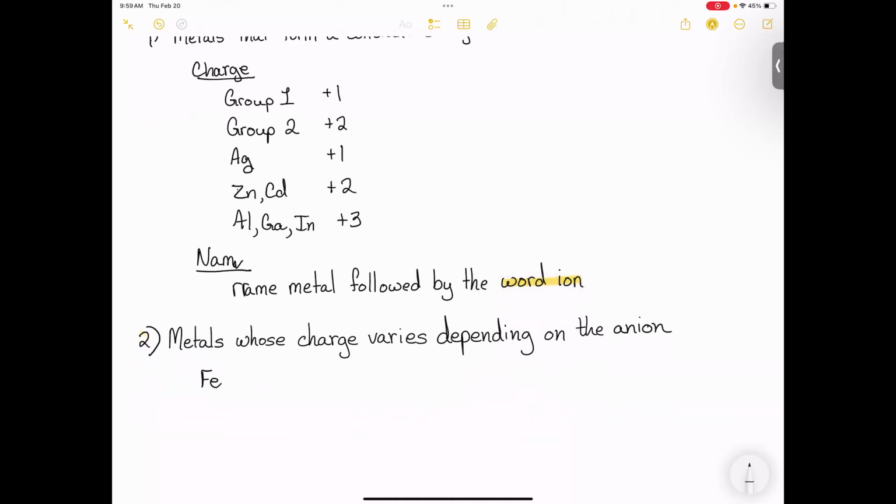Well, iron can form iron 2+, or it can form iron 3+. Gold can form gold 1+, or it can form gold 3+. If you look at the periodic table that I just showed you, you would see that iron and gold are in the metals that aren't listed. That's because they have charges that can vary.